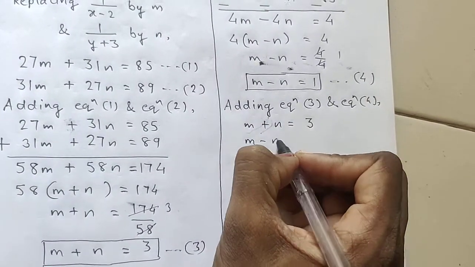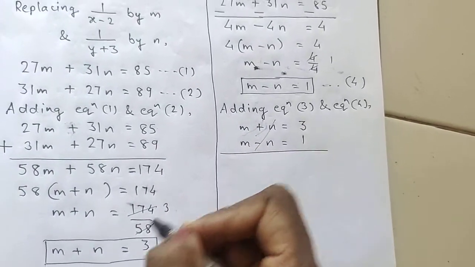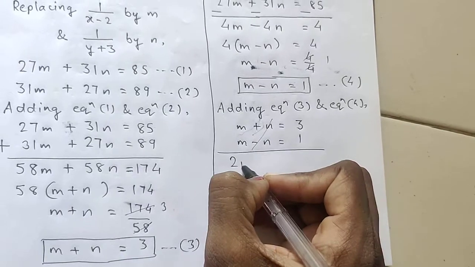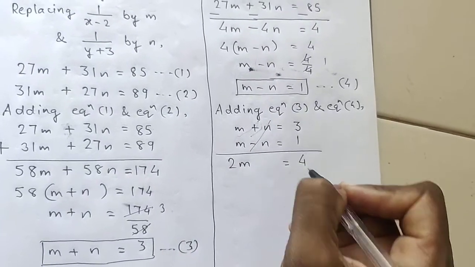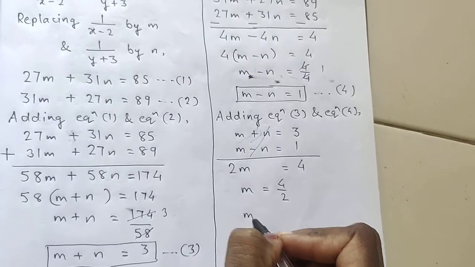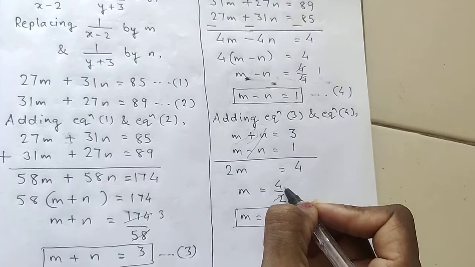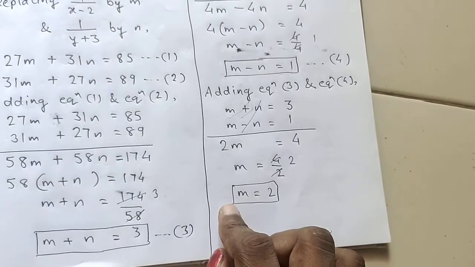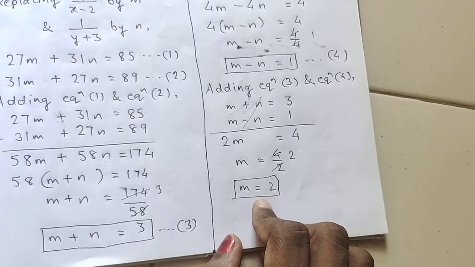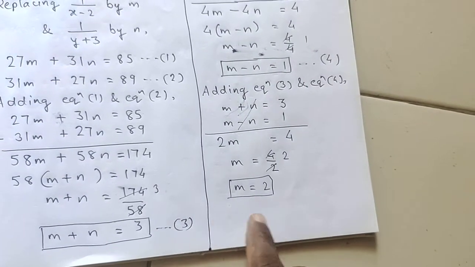Equation 4, m minus n equal to 1. So let us add. n and minus n cancel. m plus m becomes 2m. This becomes 4. So this is 4 upon 2, that is 2, because 2 twos are 4. Okay, so we have the m value, that is 2. Now let us place the value of m, that is 2, in equation 3.